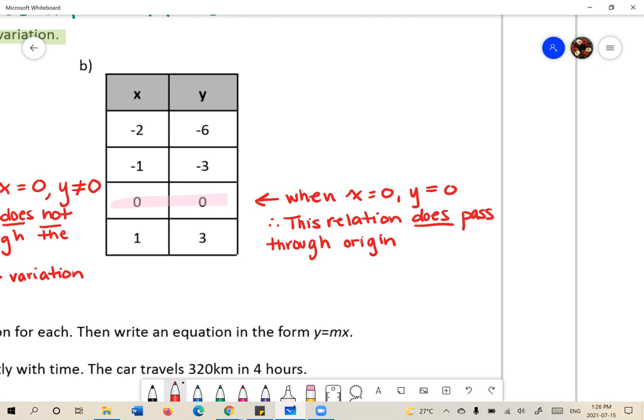So we see that this relation is going to pass through the origin, but it also has to be a straight line, or a linear relation, for this to be considered direct. So we also have to perform first differences to determine whether or not this is a linear relation.